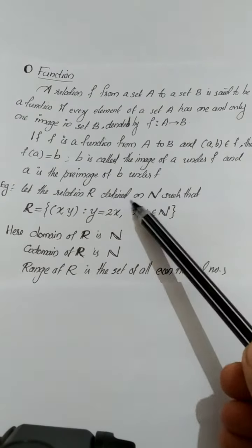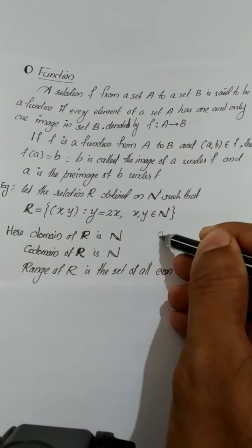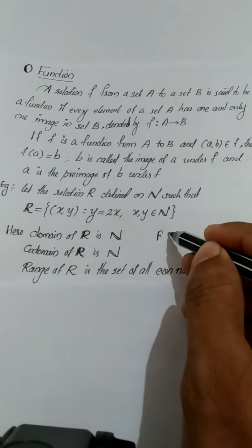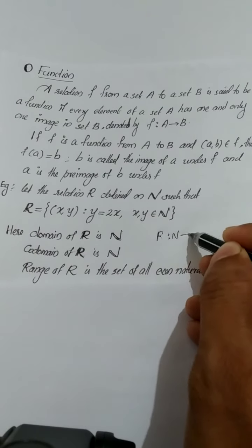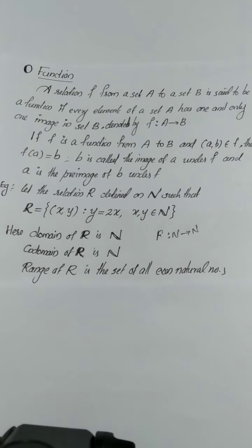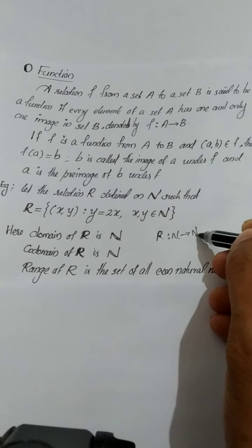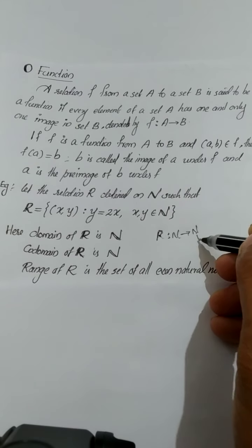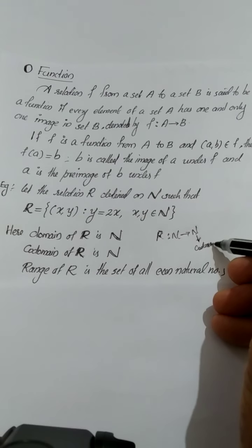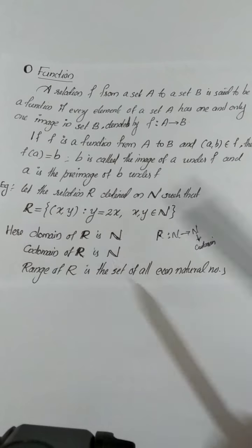Actually, this relation is defined on N, that means this function is from N to N. So here this set is called the codomain, and the codomain of R is equal to N.